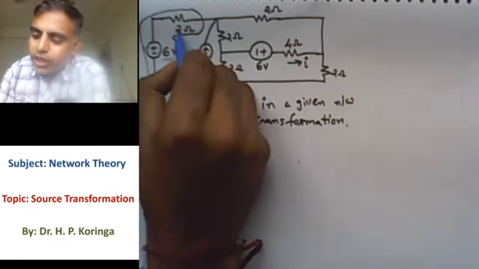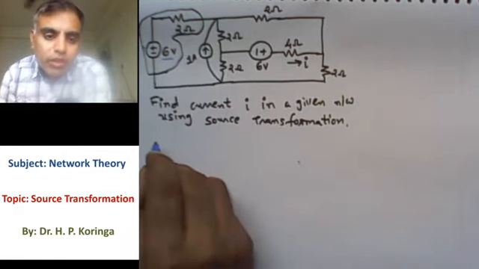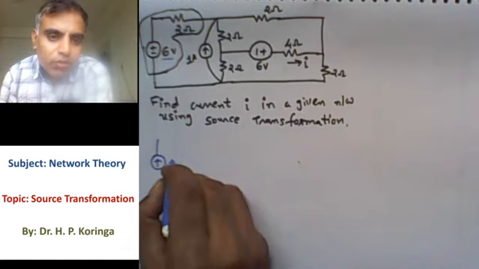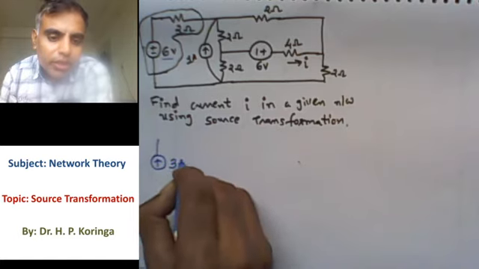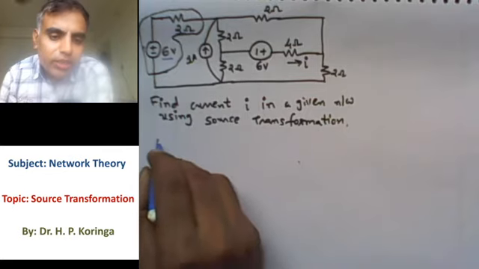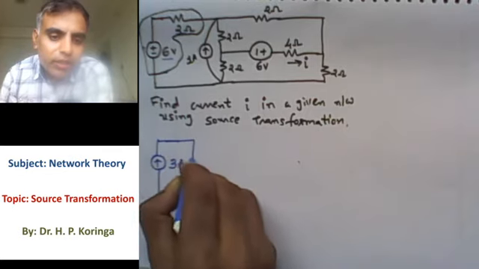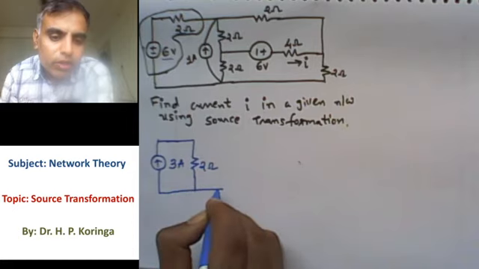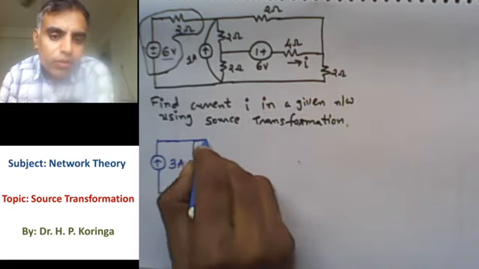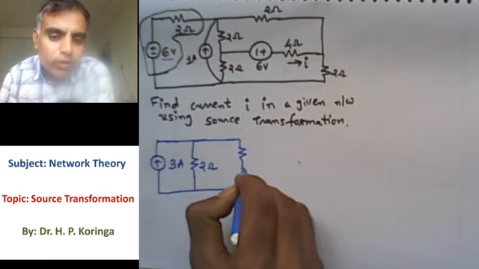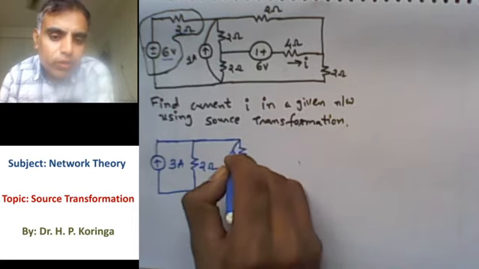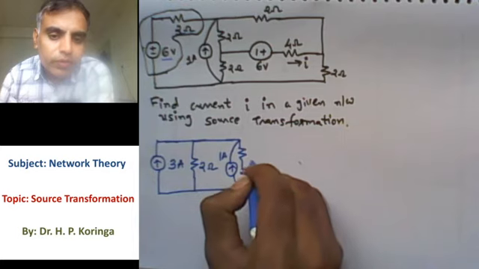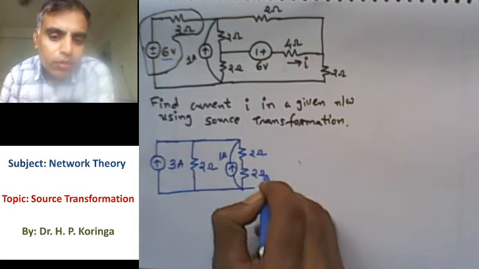Here the 6 volt and 2 ohm give an equivalent current source value of 6 divided by 2, which is equal to 3 ampere, and the resistance of 2 ohm is in parallel.